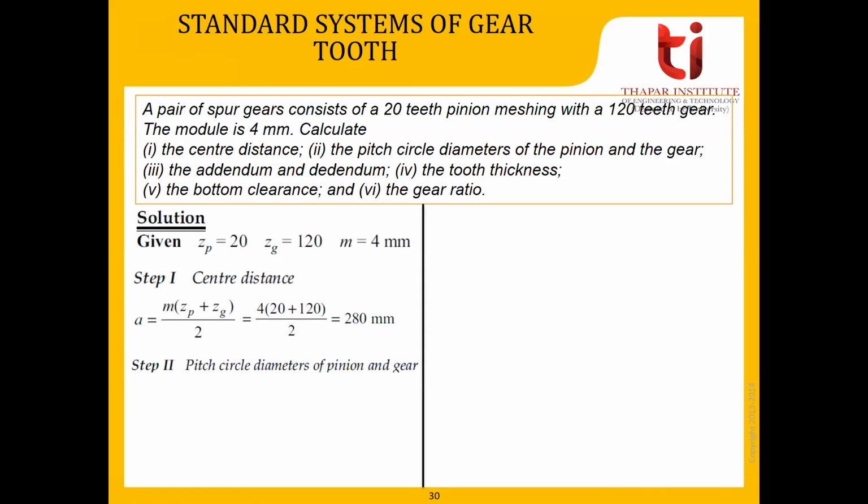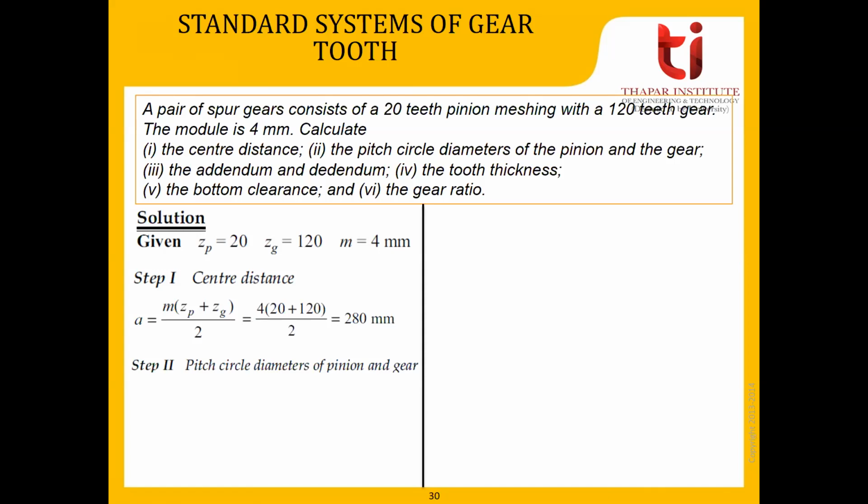The center distance is the sum of the pitch circle radii of both of the gears, and that can be written in the form of module as m times (Zp plus Zg) divided by 2. So from here we can get the center distance between both of the gears. Next, the pitch circle diameters of pinion and gear.